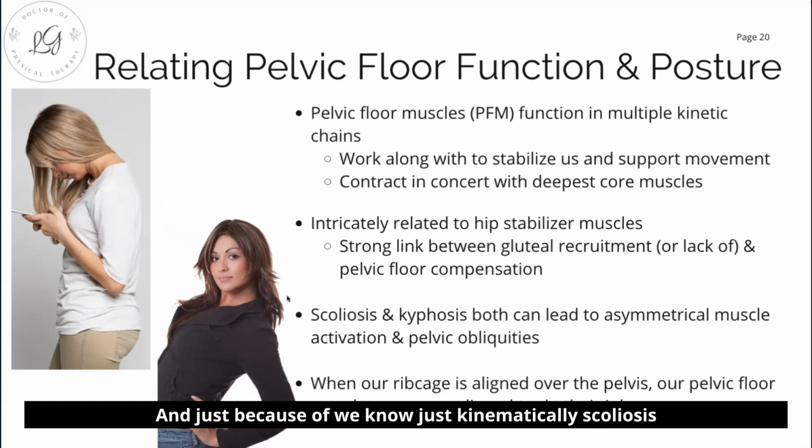And just because of, we know just kinematically, scoliosis and kyphosis both can lead to asymmetrical muscle activation, compensations, pelvic obliquities that can definitely impact our pelvic floor function. I'll speak to this a little bit in the next slide, but just kind of alluding to when our rib cage is aligned over the pelvis, our pelvic floor muscles are more aligned to do their jobs.